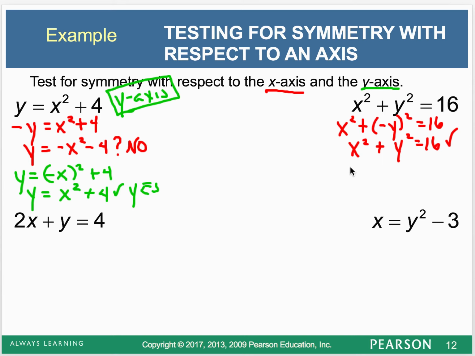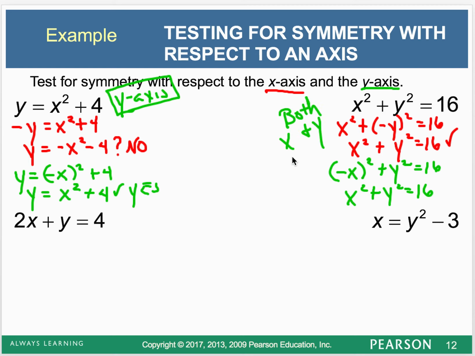Let's check y by replacing x with negative x. Oh, it is symmetric with both, right? Both x and y symmetry.